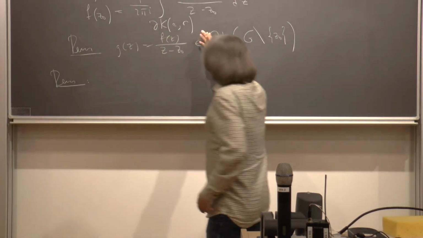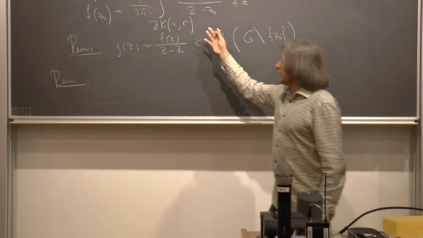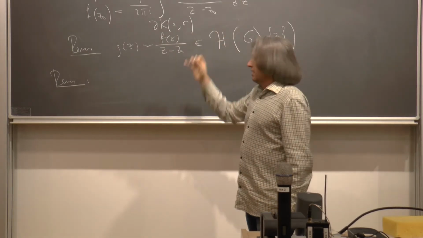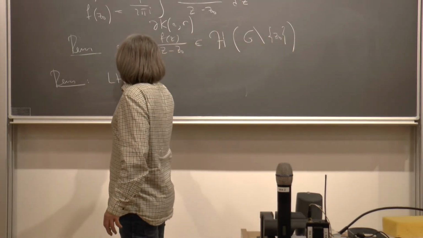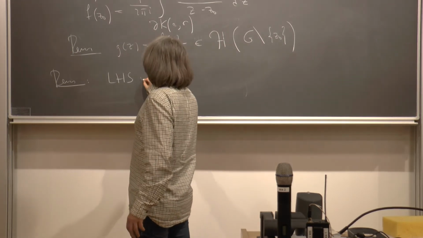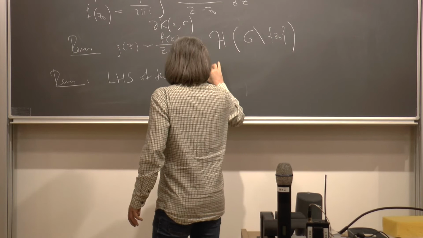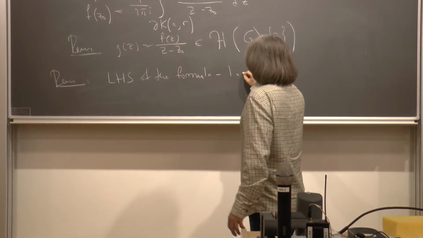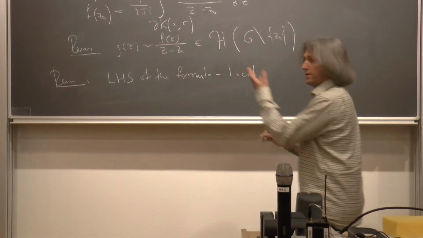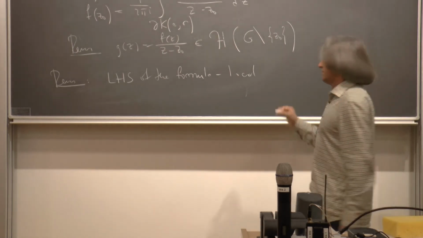If you look at this formula, it should be completely mysterious for you, because the left-hand side of the formula is local. It's the value at z0, so it's something which is defined at that point.